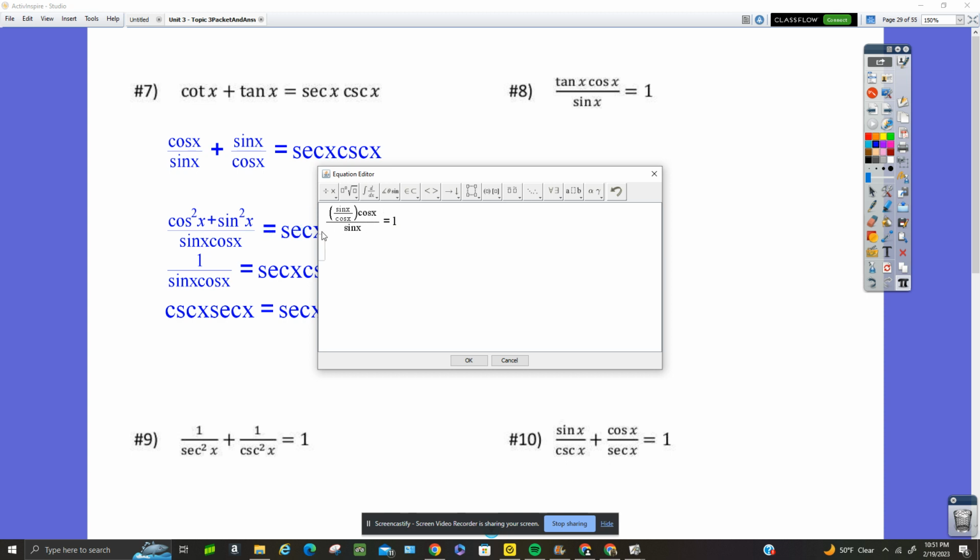Multiply the top together, the cosines cancel. You have sine x over sine x. Equal 1. And then 1 equal 1.